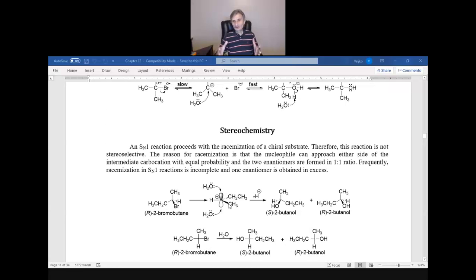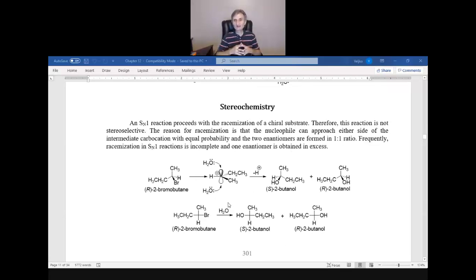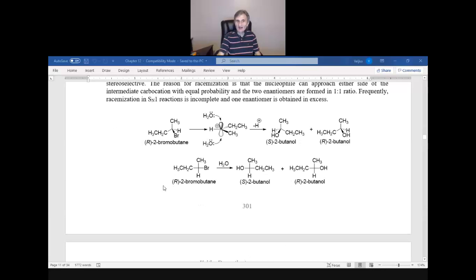And now, from knowing the mechanism, you can guess why the reaction proceeds with racemization. Because if you start with a chiral starting material, like R-2-bromobutane, the first slow step involves loss of bromine to give the intermediate carbocation. The carbocation is planar. It's sp2 hybridized and trigonal planar with angles of 120. Now, this carbocation basically has no memory.